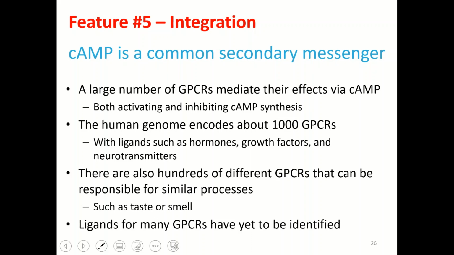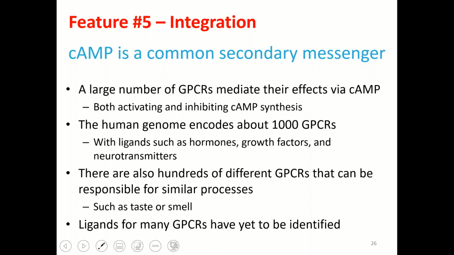Others inhibit it and cause the concentration to go down.